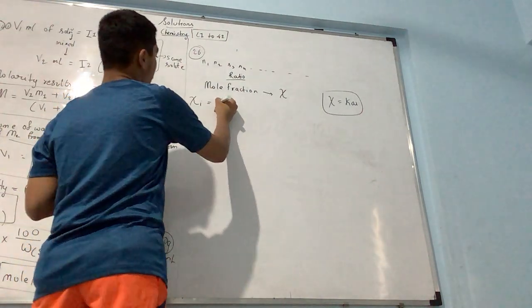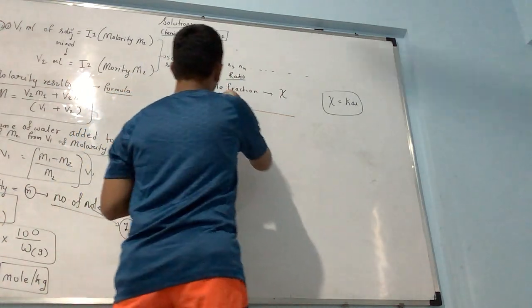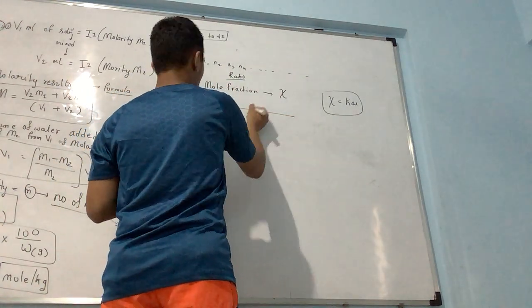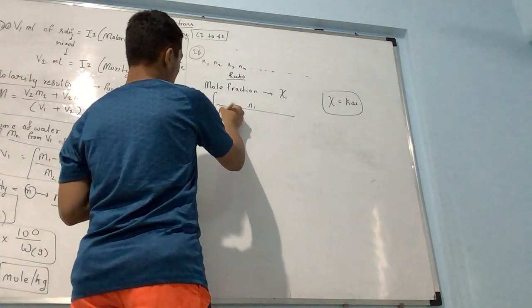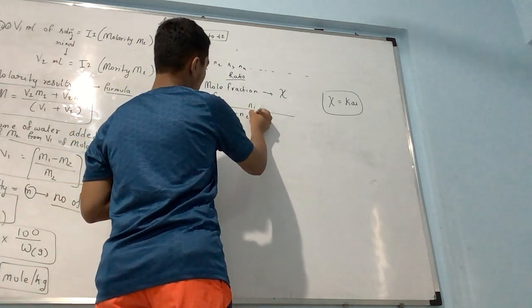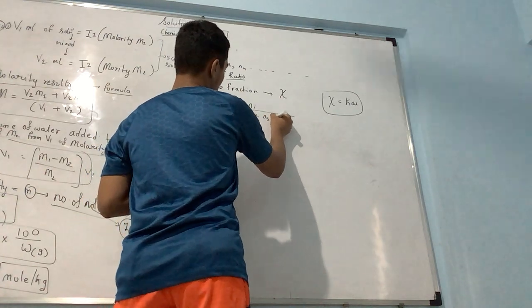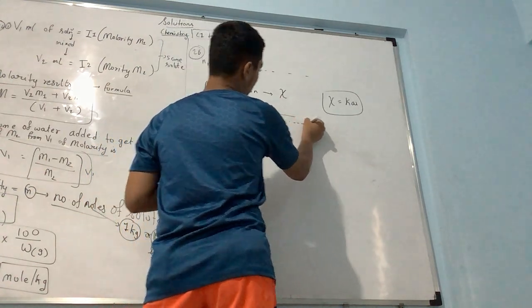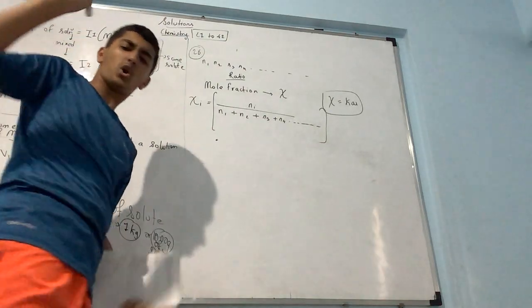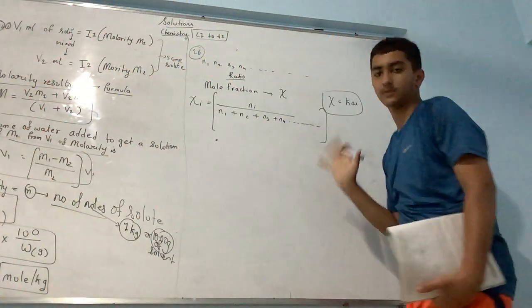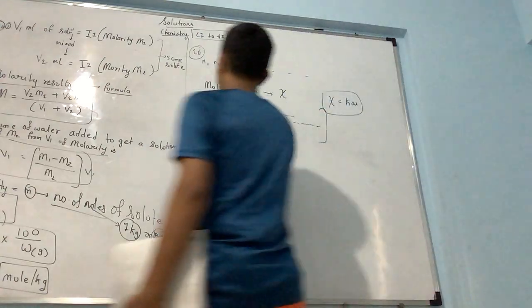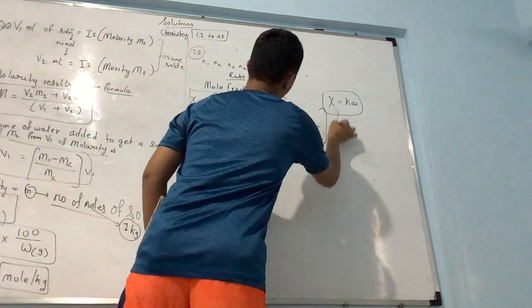So the mole fraction is equal to, in bracket, Ni upon N1 plus N2 plus N3 plus N4 and so on. For all those given in the question or any example, you have to use this formula. If you are asked to find a ratio, use this formula.